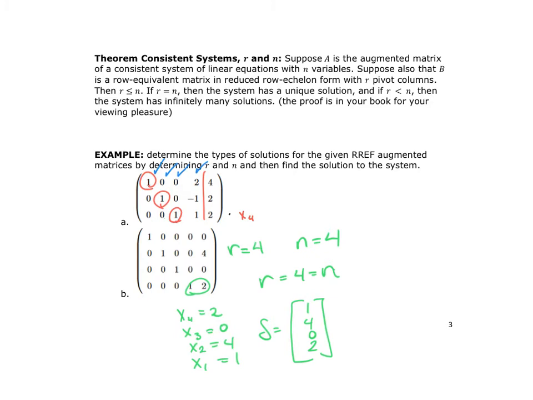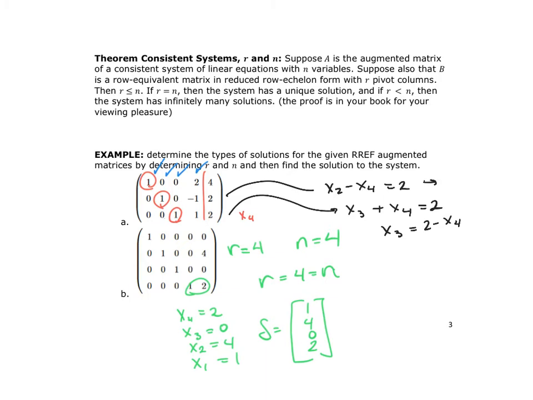So I'm going to take my first row down here on the bottom, and I have x sub 3 plus x sub 4 is equal to 2. X sub 3 is 2 minus x sub 4. This next row here tells me I have x sub 2 minus x sub 4 is equal to 2. So that tells me that x sub 2 is equal to 2 plus x sub 4.